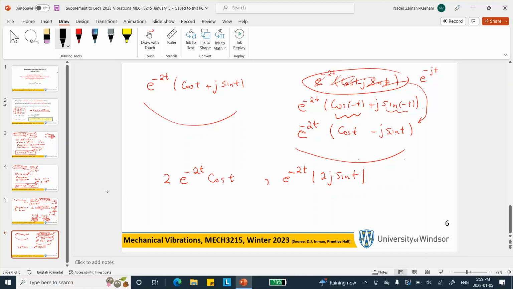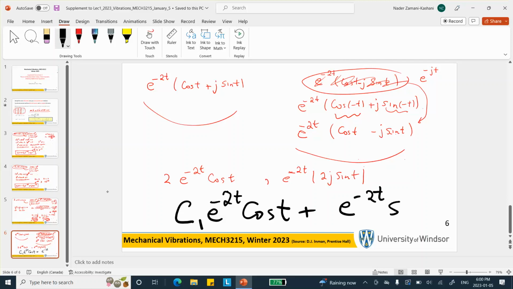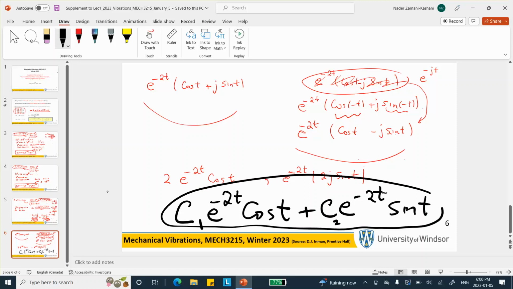So we can divide it by 2, and you're going to get e to the minus 2t cos t times a constant c1, plus, because this is a solution, 1 over 2j is also a solution, j is a constant, so e to the minus 2t sine of t multiplied by c2 is also a solution. So this is the solution to that equation that I gave you.